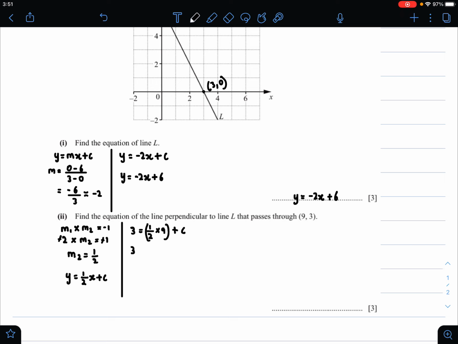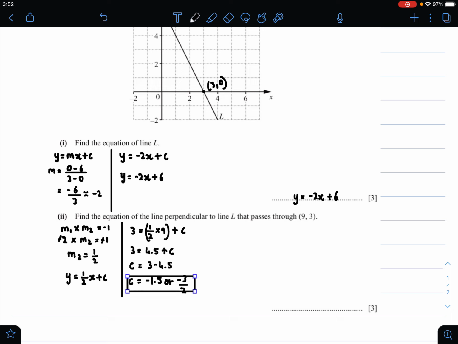So therefore 3 is equal to 9 by 2, which is 4.5, plus c. Therefore c is equal to 3 minus 4.5. So therefore c is equal to negative 1.5, or negative 3 by 2.